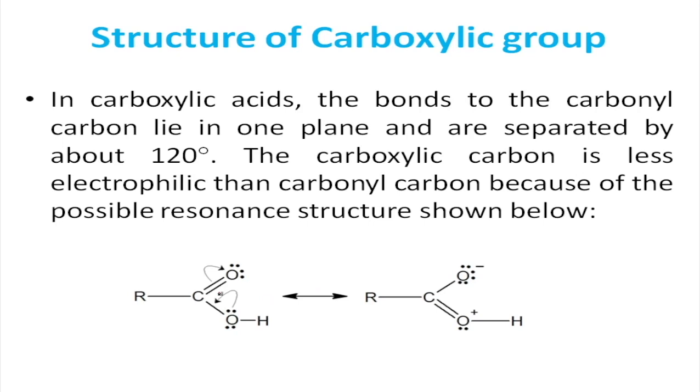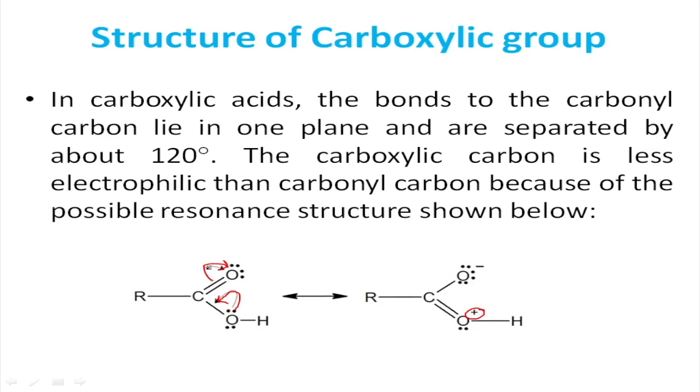Again here, the carboxylic group in RCOOH has one oxygen and another oxygen. So this oxygen's electron can come and form a double bond, giving resonance. The electron comes and forms a bond, so we have a single bond on the right and a double bond on the left. The oxygen that loses the electron becomes positive.